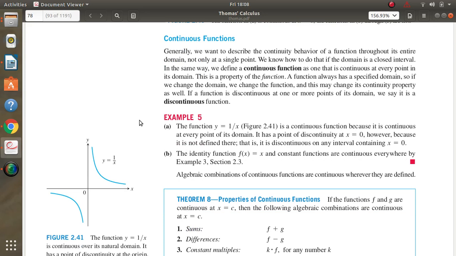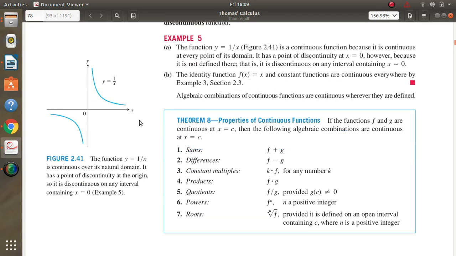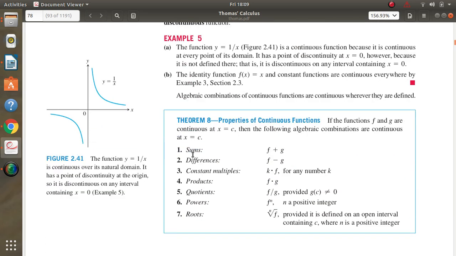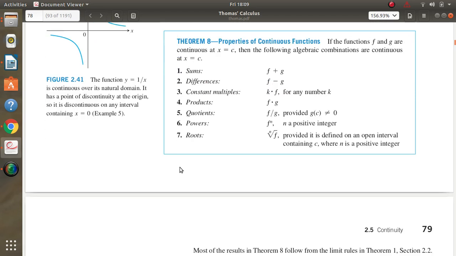Next we have some properties of continuous functions. Let me just take a snapshot here.